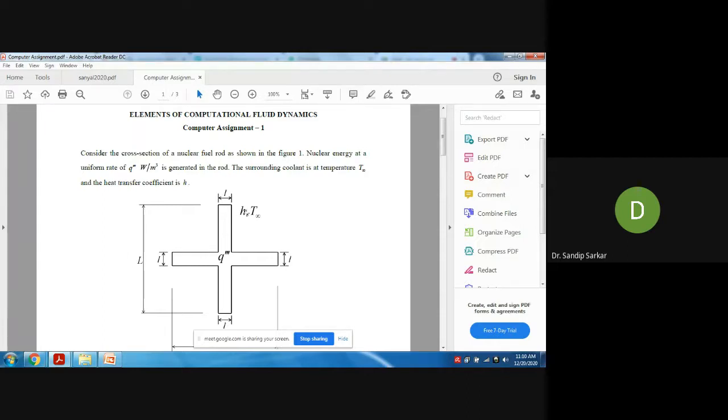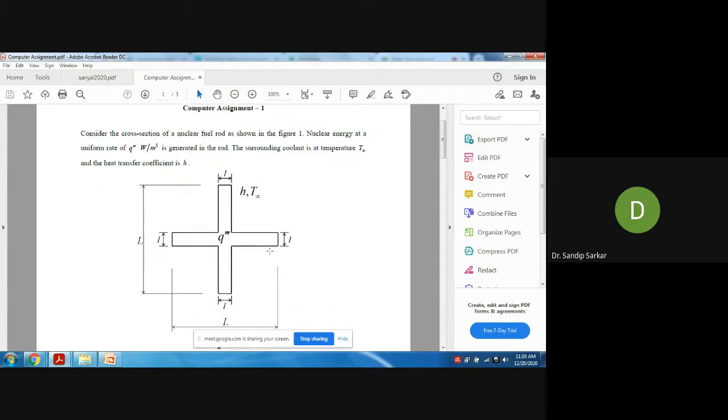That means heat is being transferred from these surfaces to the coolant through the heat transfer coefficient h. And there is a continuous generation of Q triple prime heat inside this nuclear fuel rod, which is of plus cross section, a two-dimensional nuclear fuel rod.